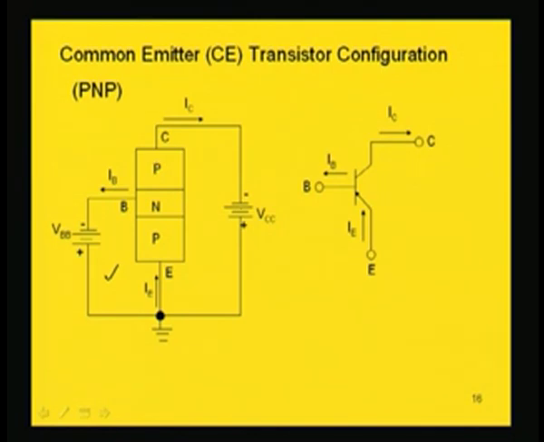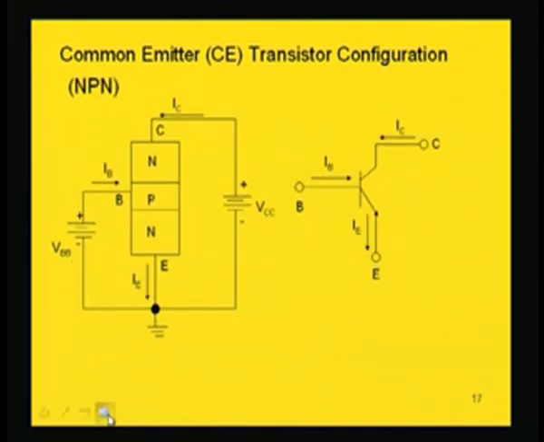Collector current will be entering this negative terminal of VCC, means out of the transistor. So, symbolic representation is like this, emitter terminal is here, base, collector, and it is a PNP transistor. So, IE is into the transistor, IB is out, IC is out, and this is the representation for common emitter PNP transistor.